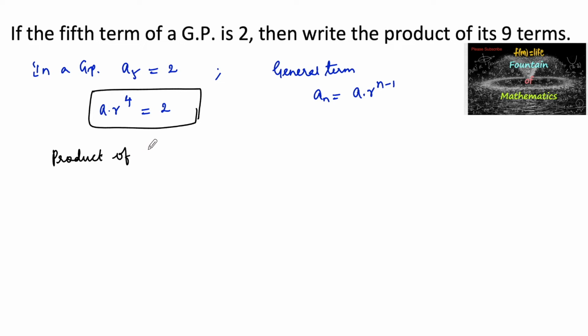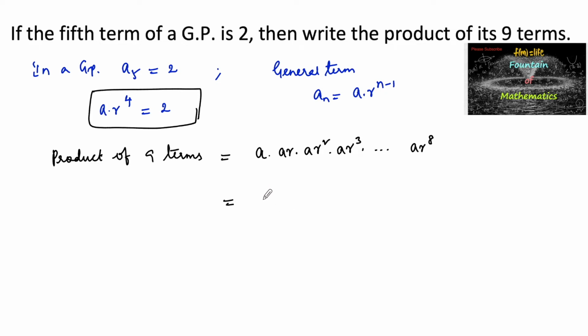So the product of 9 terms, if a is the first term, is a into ar into ar square into ar power 3, and so on. The 9th term will be ar power 9 minus 1, that is 8.